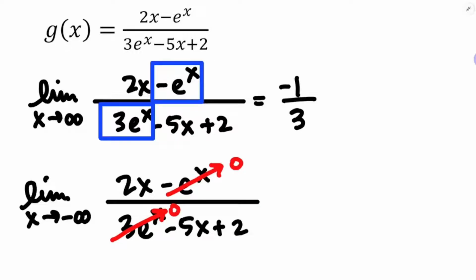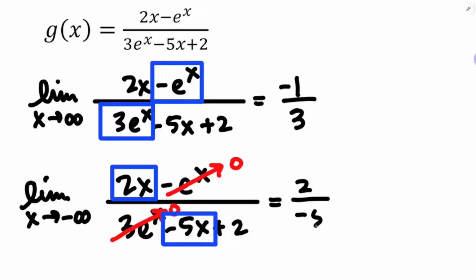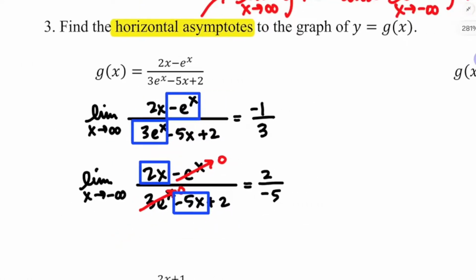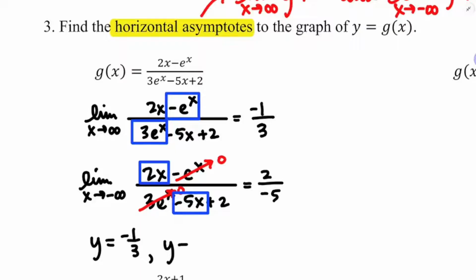Now what I'm left with is a 2x in the numerator and a negative 5x plus 2 in the denominator. So I'm looking at the ratio of the leading coefficients there, and that's going to be 2 divided by negative 5. So we're going to say that our horizontal asymptotes are y equals negative 1/3 and also y equals negative 2/5.